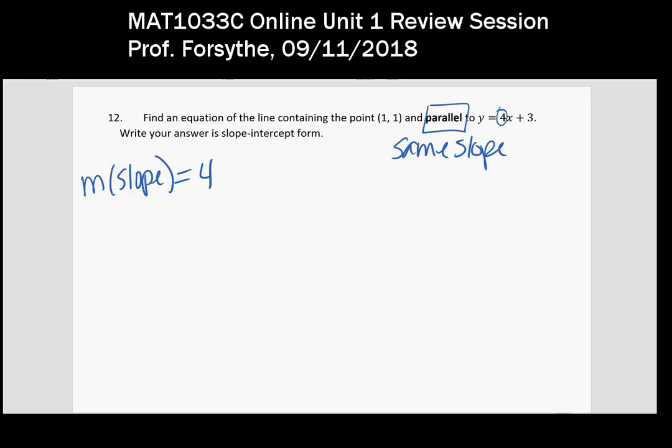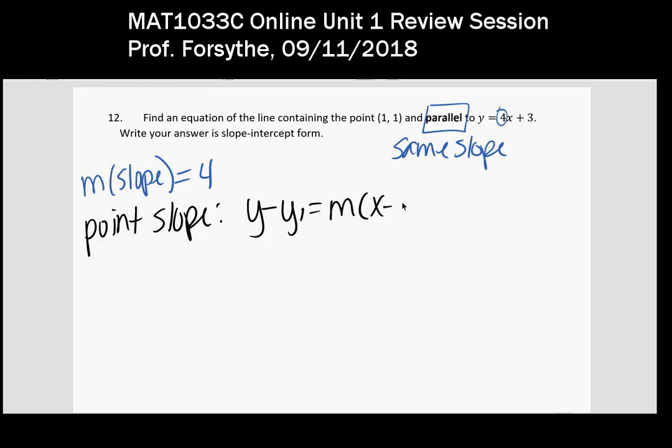And then we are given the point 1, 1. So we're going to use point slope form, which is y minus y1 equals m times x minus x1.